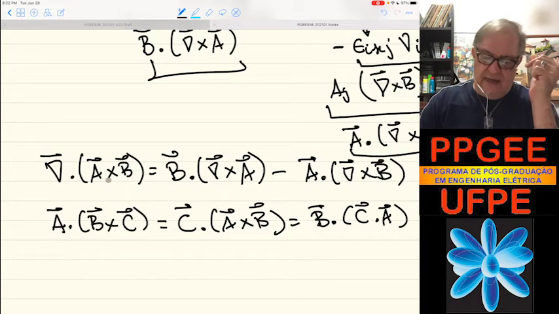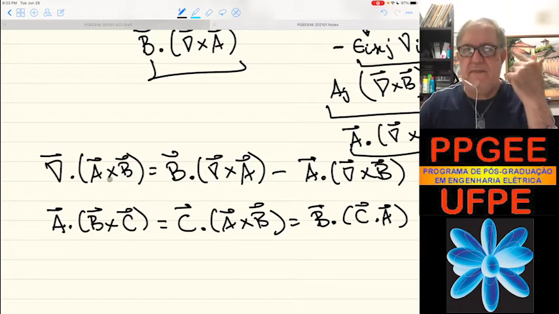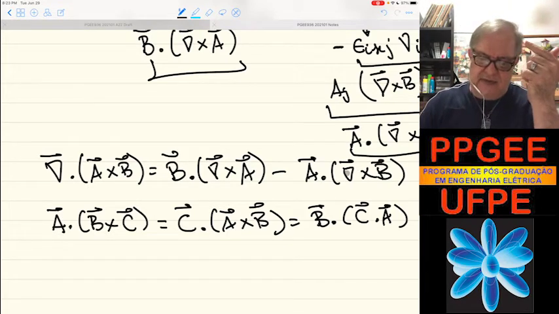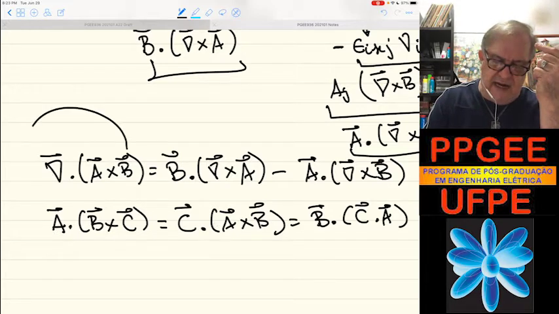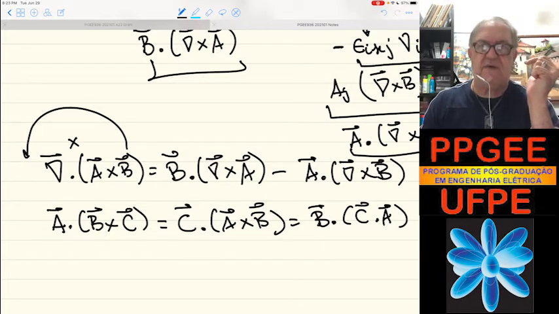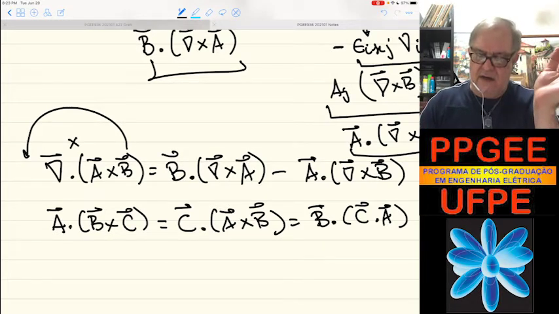And also, to remember this identity, if we make a cyclical permutation, b dot, b goes there. Then the dot changes with the cross: b dot curl of a. So it's a positive permutation.